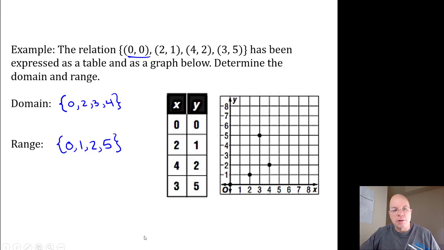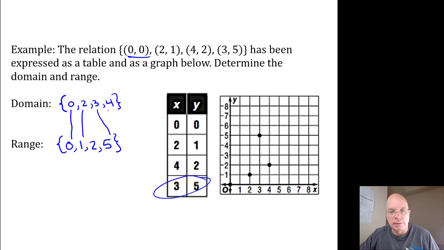If I go back to the first example we did, 0 is paired with 0, 2 is paired with 1, 3 is paired with 5. Remember, that was because I put them in ascending order. They're not aligned like they would be otherwise, but it's fine. 4 is paired with 2.